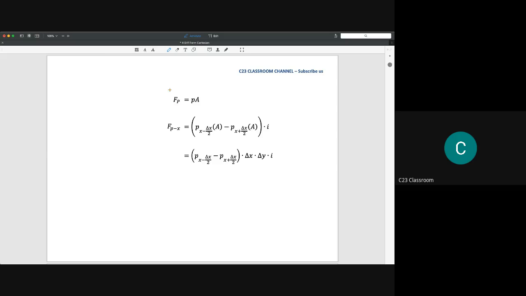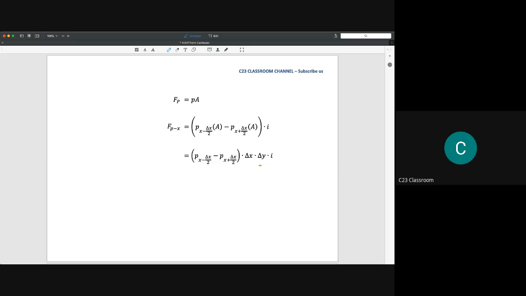For the pressure force, it equals pressure times area. We have the pressure from the left hand side, and then we subtract the pressure from the right hand side, at x plus delta x over 2. Why minus? Because pressure is scalar, but force is vector. So when you have force from right to left, normally we give the negative sign. Then we pull out the value of A, meaning the area.